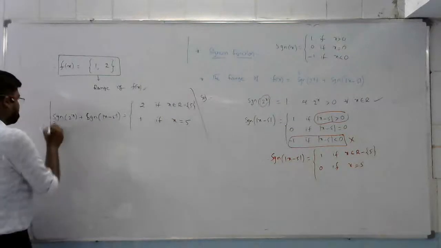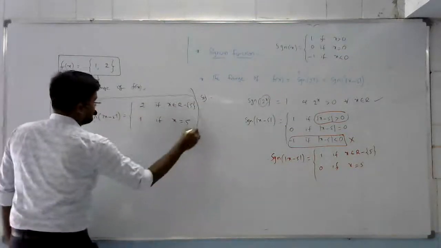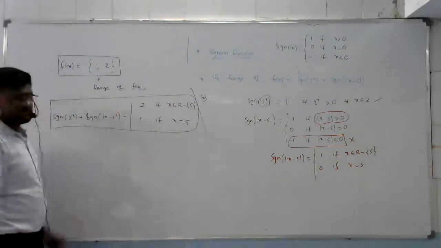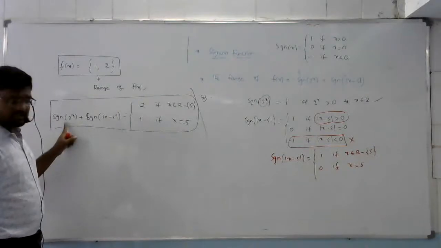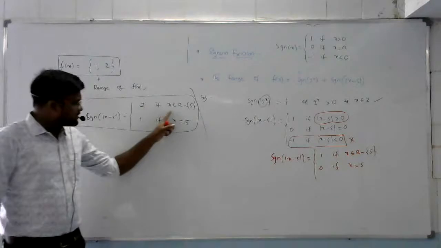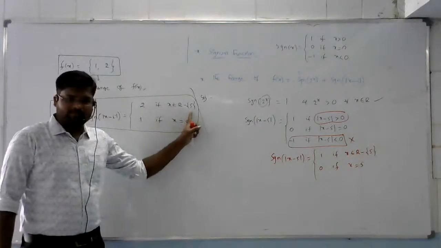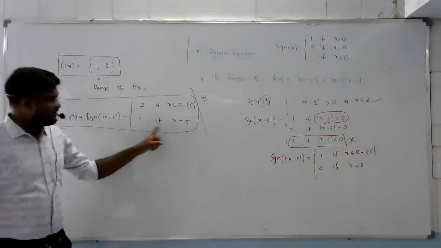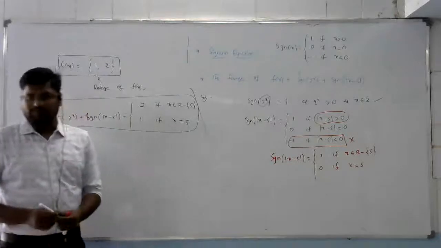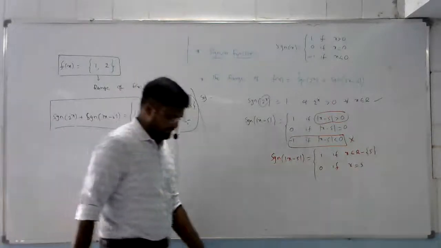So this is the complete description of the given function f of x. Signum of 2 power x plus signum of mod x minus 5 will be equal to 2 if x belongs to all real numbers except 5, which is equal to 1 if x is equal to 5, right? Please copy. Continue.